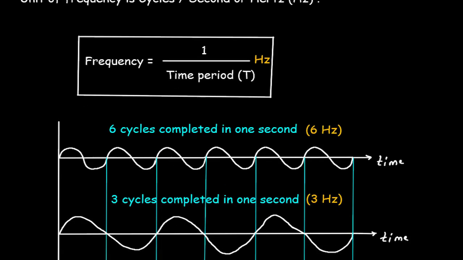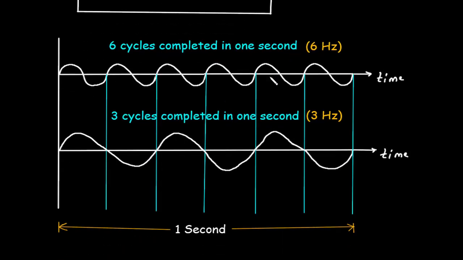Now let's understand what is frequency. So here we can see for this waveform, from this 0 to this mark, it is one complete cycle. Likewise these cycles are repeating again and again. Let's count how many times they are repeating. So 1, 2, 3, 4, 5 and 6.